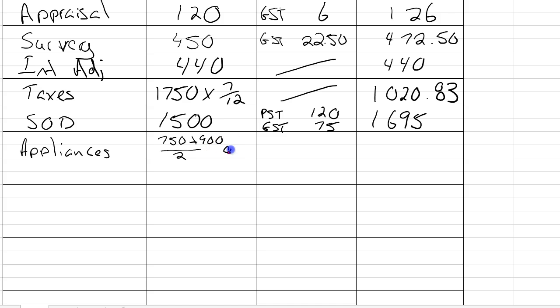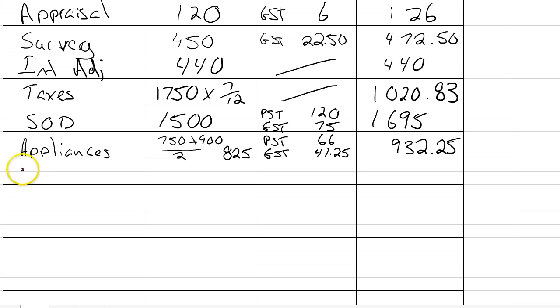So this becomes $825. But they're still responsible for both PST and GST. So of the $825, the Baileys' portion of the PST is $66, and the GST is $41.25. So my grand total for the Baileys is $932.25.